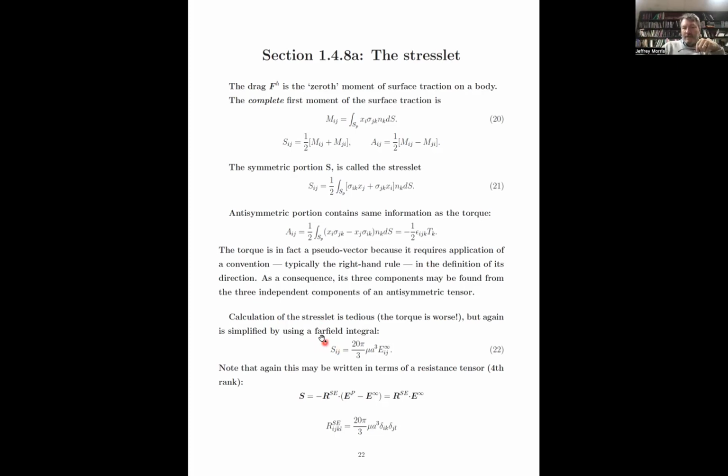And so you find that the stresslet is 20 pi over 3, some number out in front, depends on the viscosity, but critically it depends on the particle size cubed. Right? Depends on the particle diameter cubed. So it's a volumetric object.